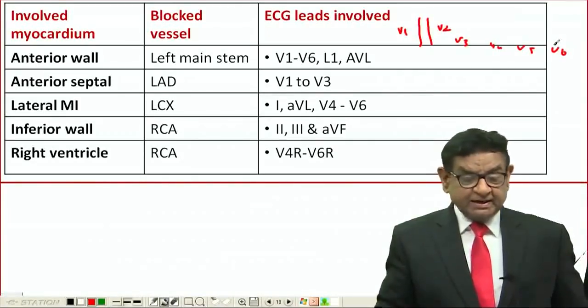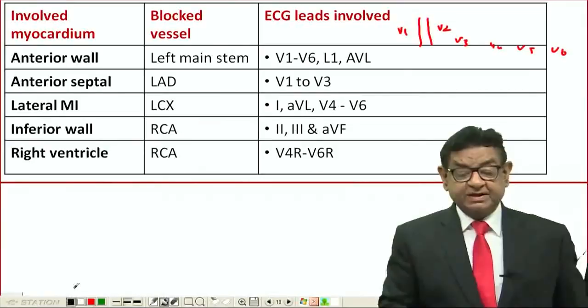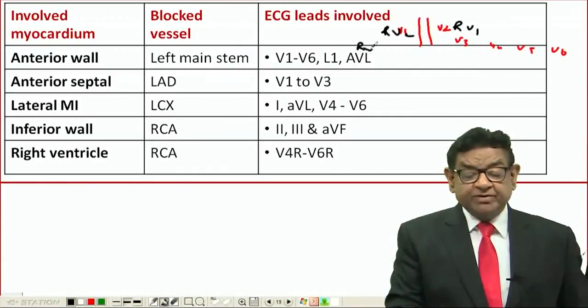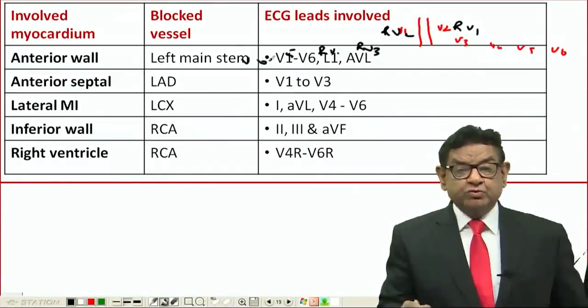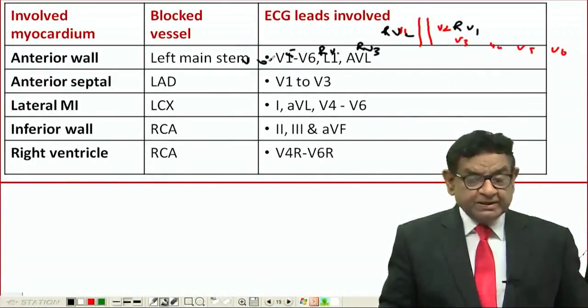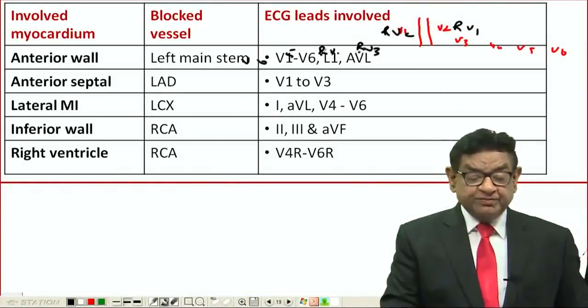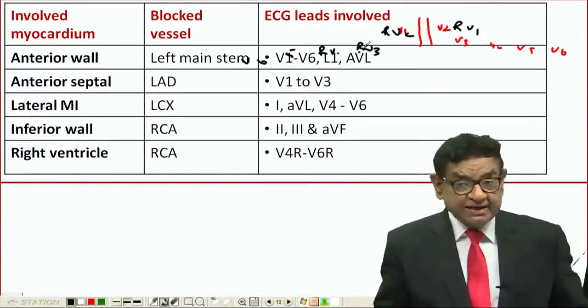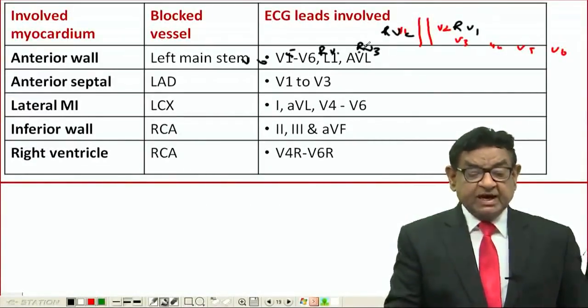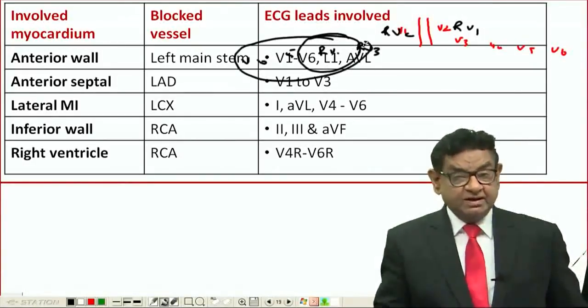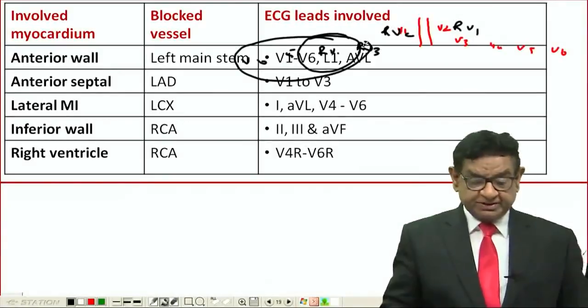But when we are suspecting right ventricular infarction, then this becomes RV1, this becomes RV2, RV3, RV4, RV5, RV6. That means we do the recording, but now chest leads we place in reverse, and this is known as right-sided chest leads. And RV4 to RV6 is the classical finding for the right ventricular infarction.